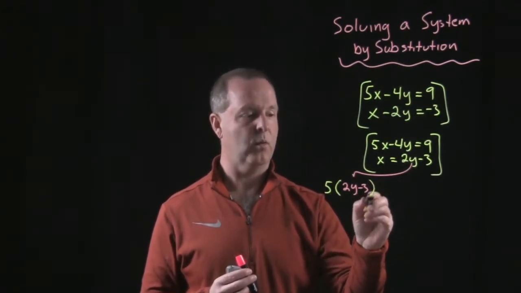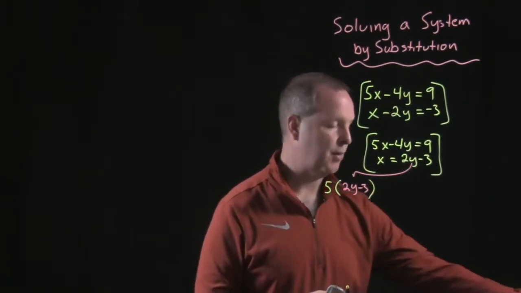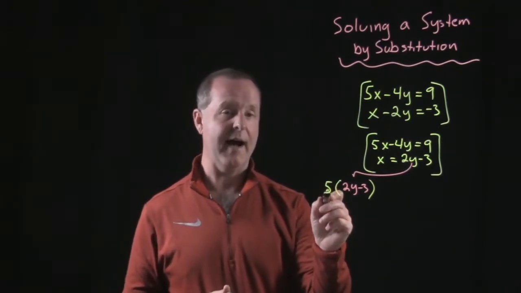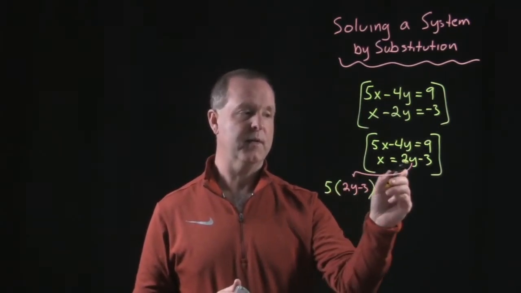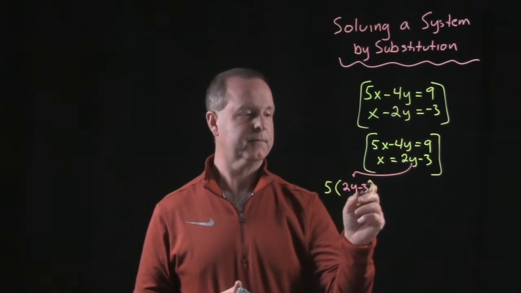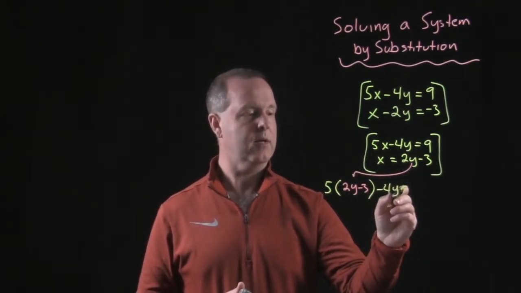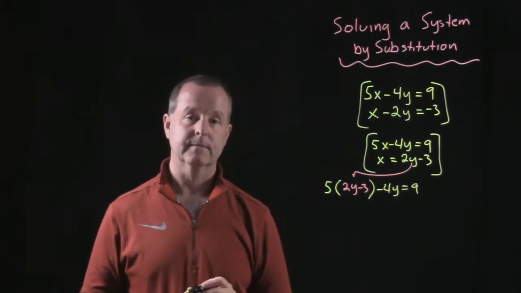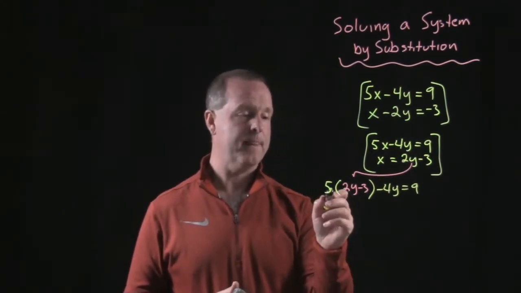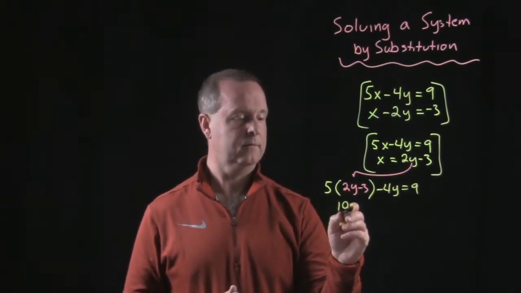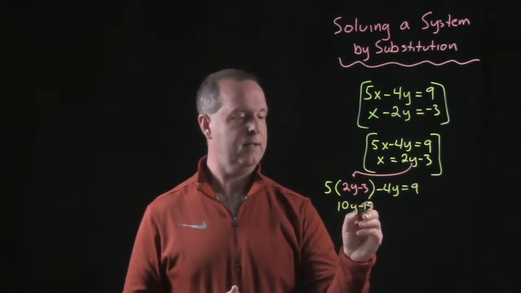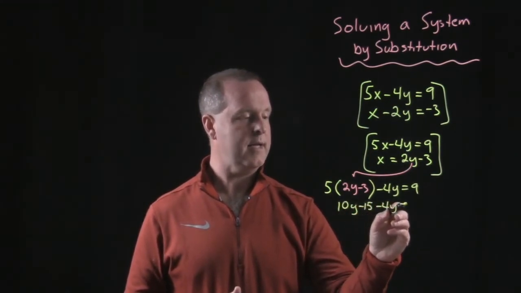Since that's substituting for x, I need to make sure I have a parenthesis around it. So this 5 is being multiplied to the entire value. So I have 5x minus 4y equals 9. From there, let's just work it out. 10y minus 15 minus 4y equals 9.